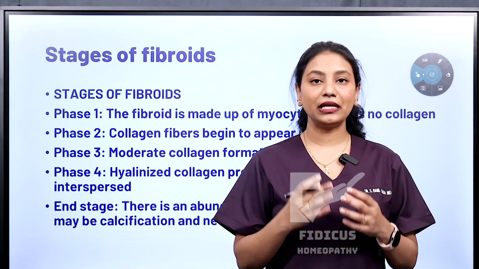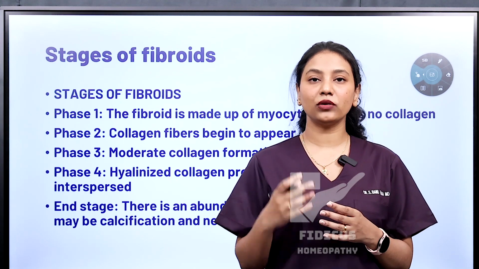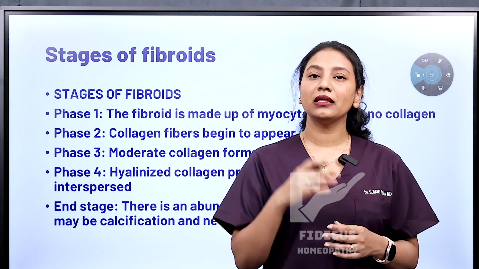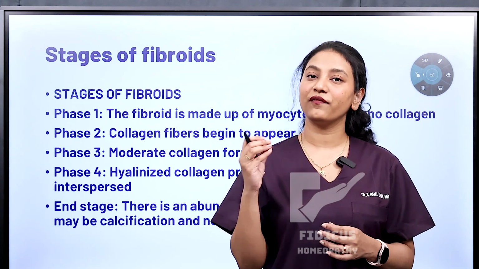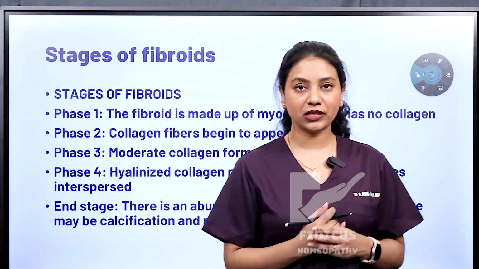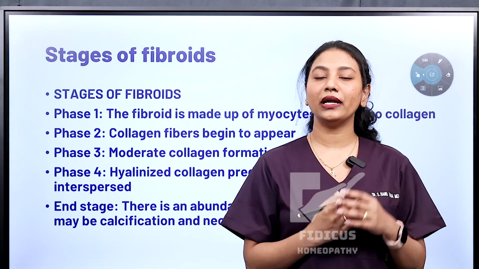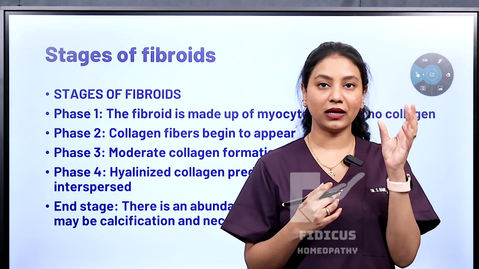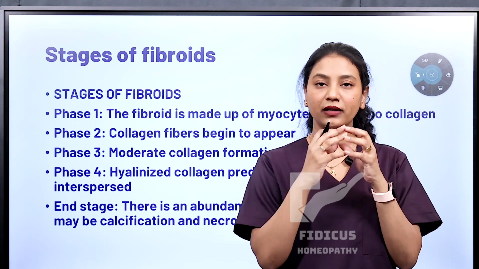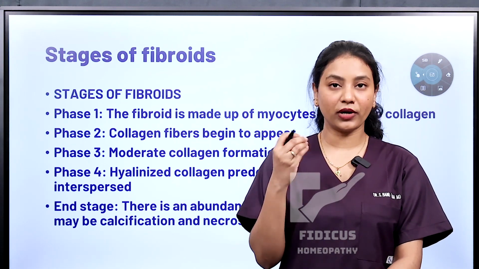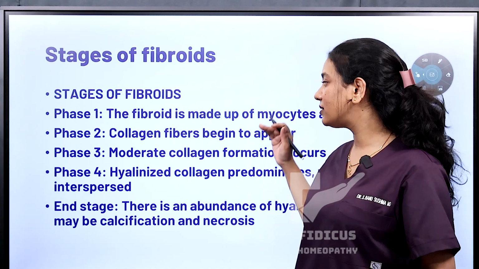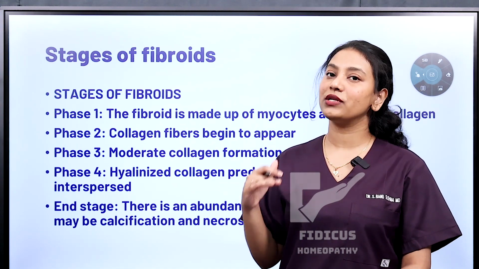Next, coming into the stages of fibroid. Why should we discuss the stages of fibroids is that the last stage of fibroids can cause severe pain, infection, fever. So what is the first stage of fibroid? As I already told you, it will contain the myometrial part or the muscle as well as the fibrous part. So in stage 1, you will not be seeing any sort of collagen production. But in stage 2 and 3, you will start experiencing collagen production.